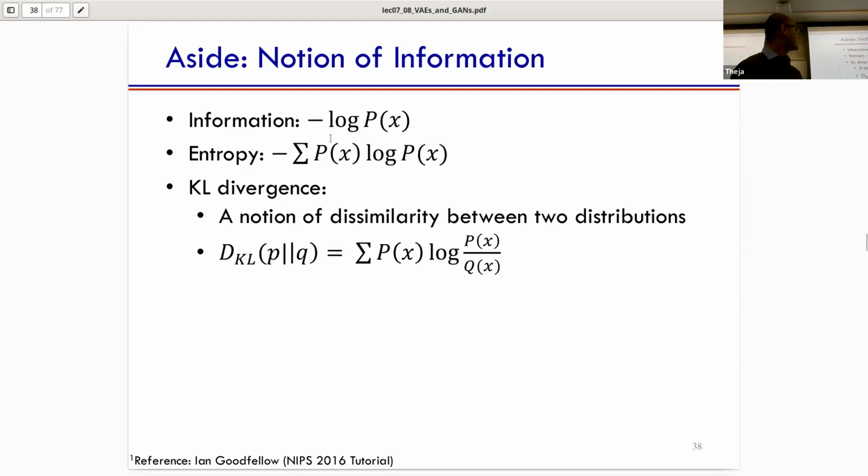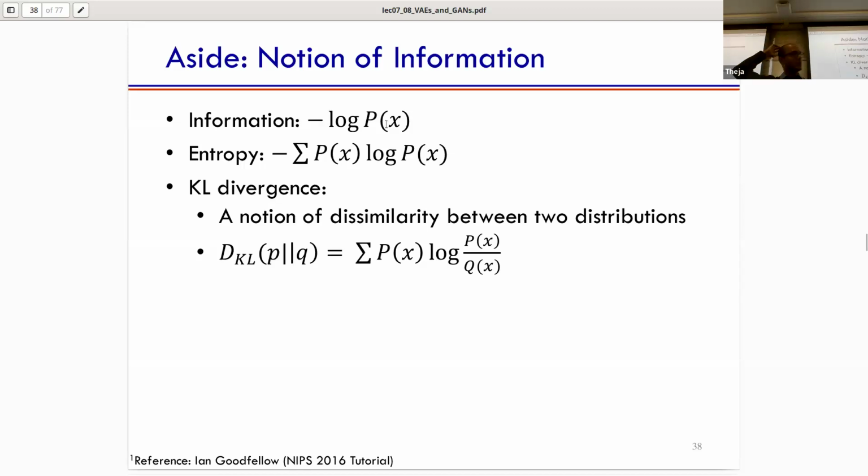Information is a quantity where if the probability of x is low, let's say it's 10 to the power minus 3 or something, then the negative log of that value is going to be 3 units, right? So 10 to the power minus 3, and there's a minus in the front. So if log is base 10, then it's 3 units, right?